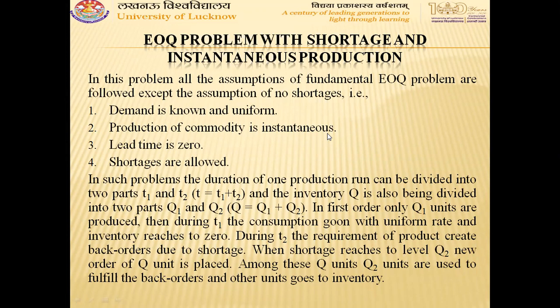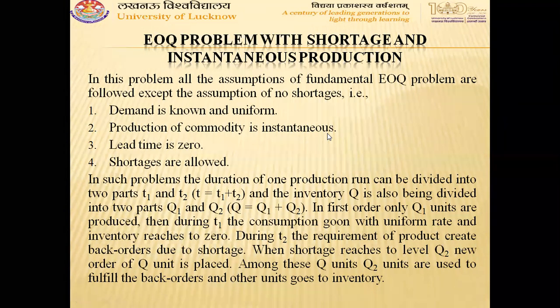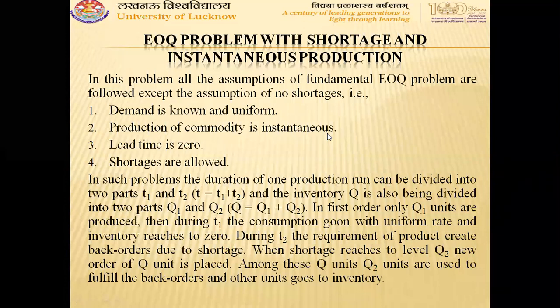In the first order only Q1 quantities are produced, then during time T1 consumption goes on at a uniform rate and inventory reaches zero at the end of T1.